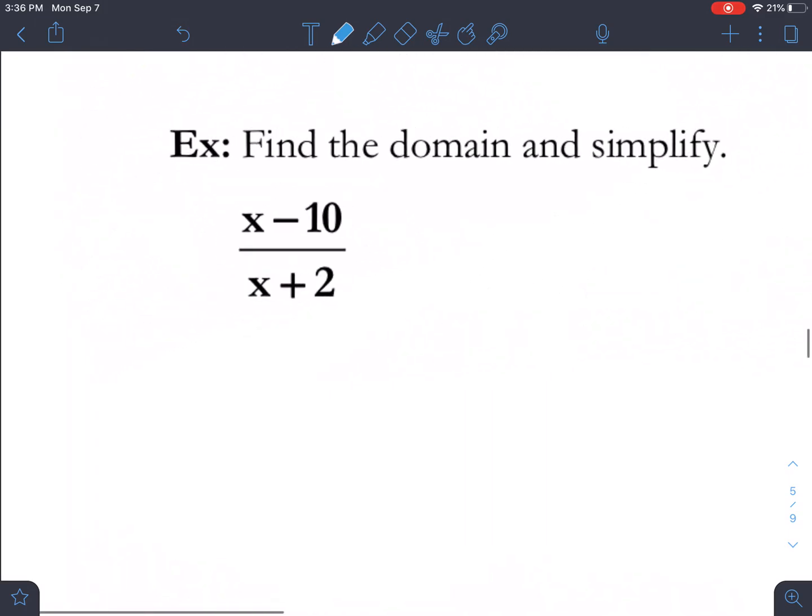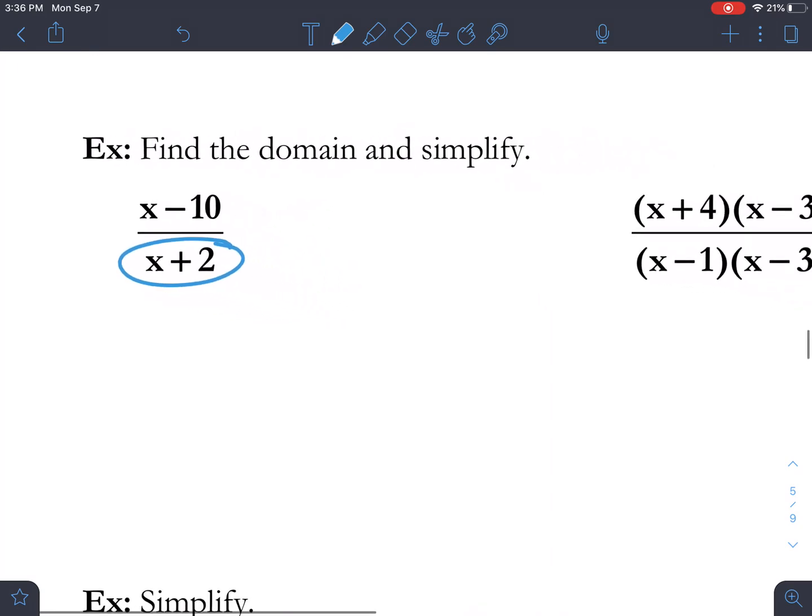We're going to find the domain and then simplify. So the first thing you want to do is set any factors in the denominator to 0. What numbers can I not plug in? I can plug in any negatives, any positives, 0, except I can't plug in when x plus 2 is equal to 0, aka negative 2. Because if I plug in negative 2, I would get negative 12 over 0, which is an issue, right?